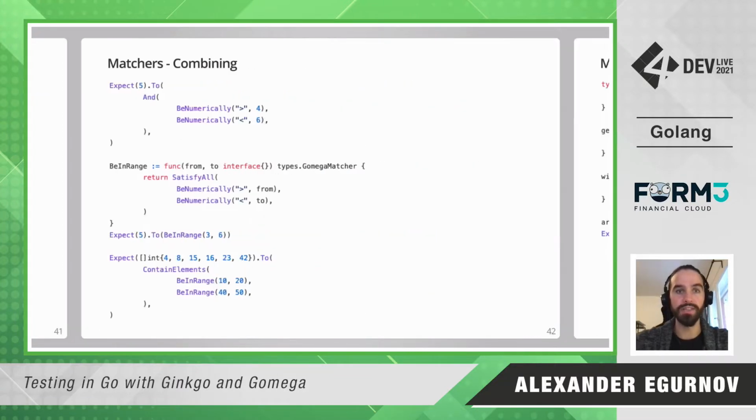I also said you can combine matchers, and this is where Gomega really shines. So you don't need to write repeated assertions about the same thing. If you need to make sure that a number is both greater than some other number and less than yet another number, you don't need to write two assertions. You can combine them together. And then you also understand that this is related to exactly the same object under test. You're going to write your own, in this case, InRange.